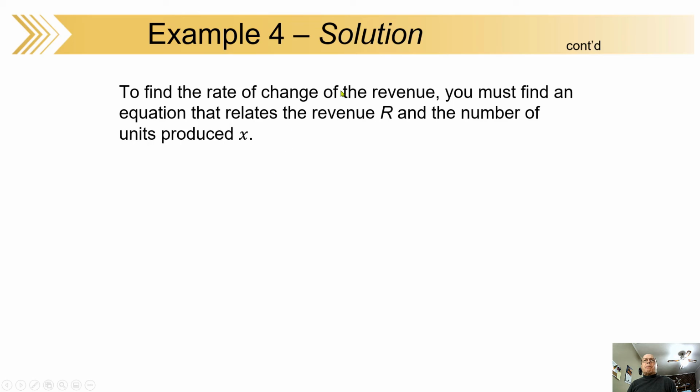So first of all, you can't go anywhere unless you have some kind of an equation that relates the revenue and the number of units. How do R and X relate to each other? There you go. This is one of those things you ought to have in your head and not have to go to some kind of table somewhere to find out. Revenue equals number of items times the cost of each of those items. If you were stuck on a desert island and you wanted to remember what that was, just give yourself an example.